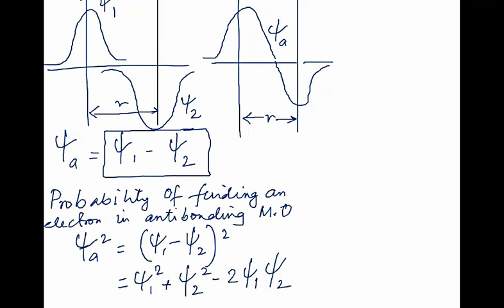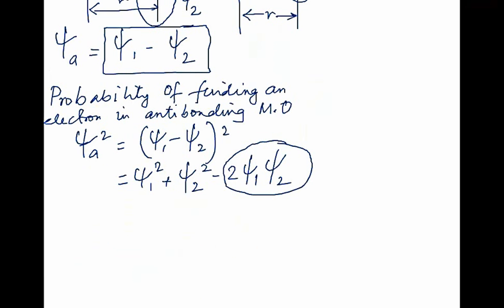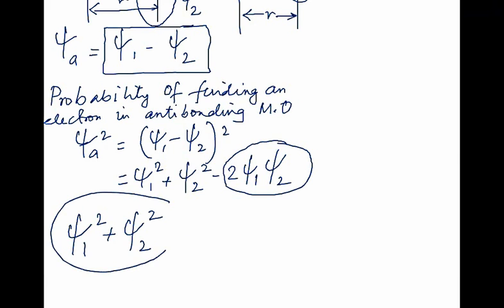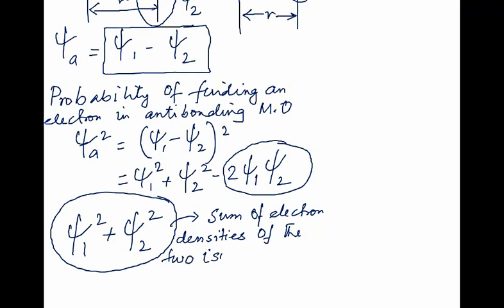From this equation we can see that for an antibonding molecular orbital, the electron cloud is less by 2 psi1 psi2 than the sum of the electron densities of the two isolated atomic orbitals, psi1 square plus psi2 square.